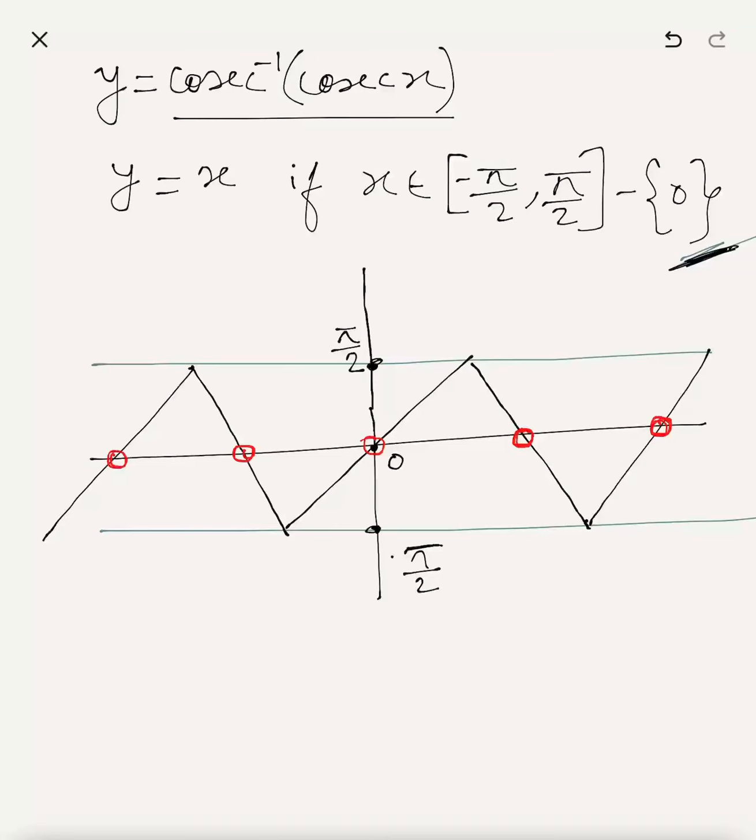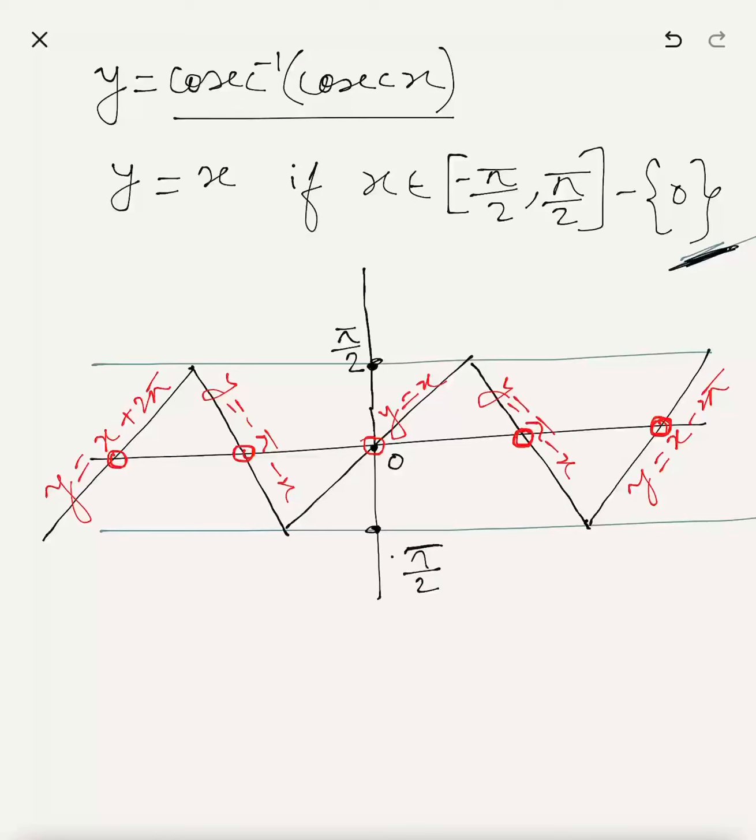The rest is the same. This equation will be y equals x, and the equations of the other branches will be y equals pi minus x, y equals x minus 2 pi, y equals minus pi minus x, and y equals x plus 2 pi.